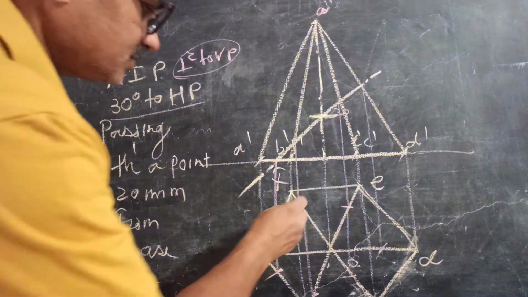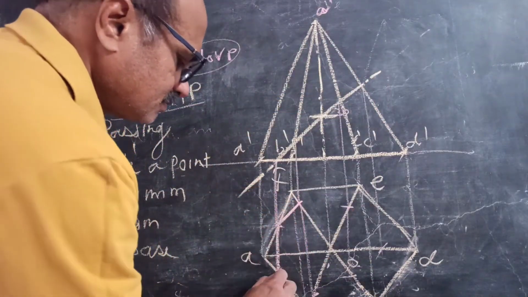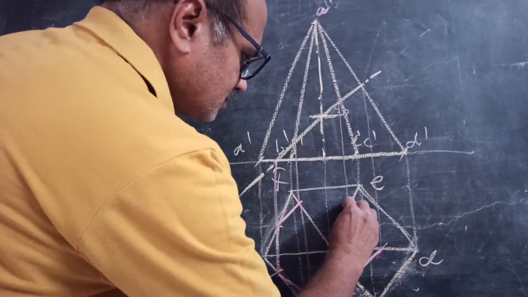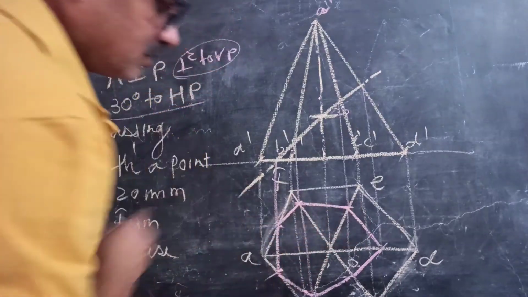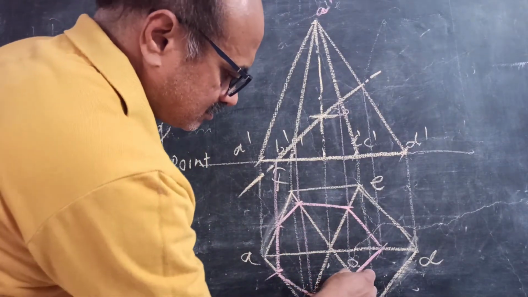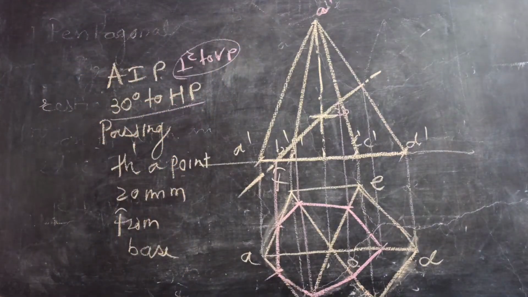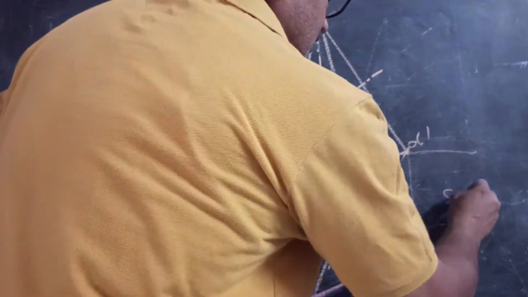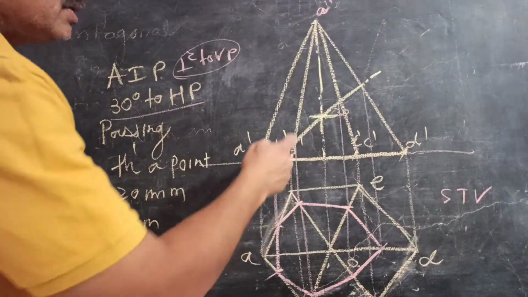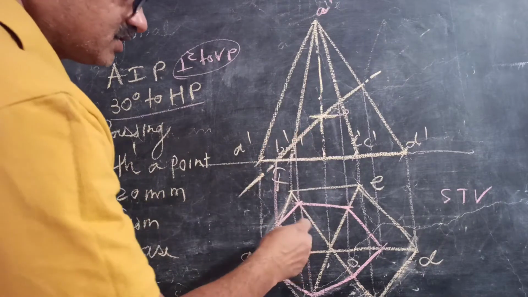So this is the sectional top view, because the problem will say to draw the sectional view. This is the front view, this is the sectional top view.